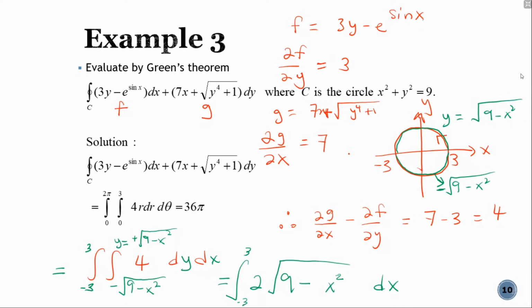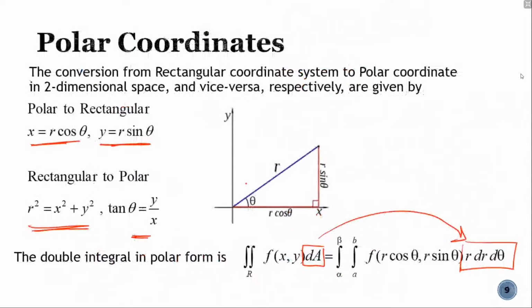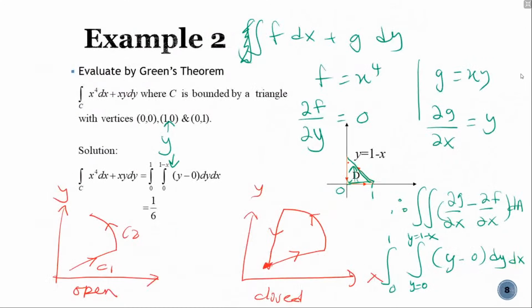Remember this Green's theorem, it should be a bounded region, right? And in the previous examples, this boundary basically represents your bounded region, it should be shaded, your region here. Not just the line, but the bounded region here.